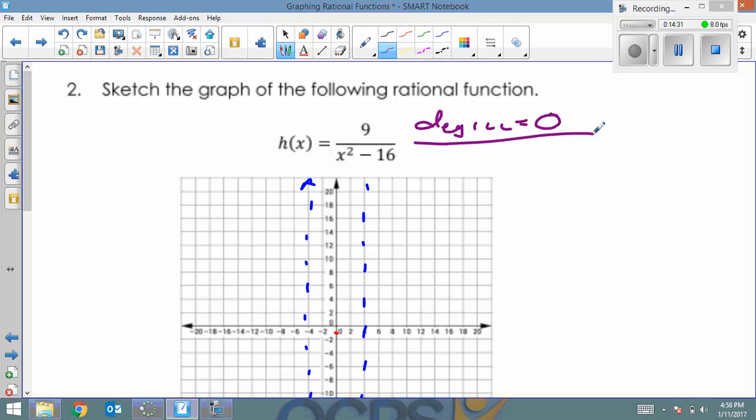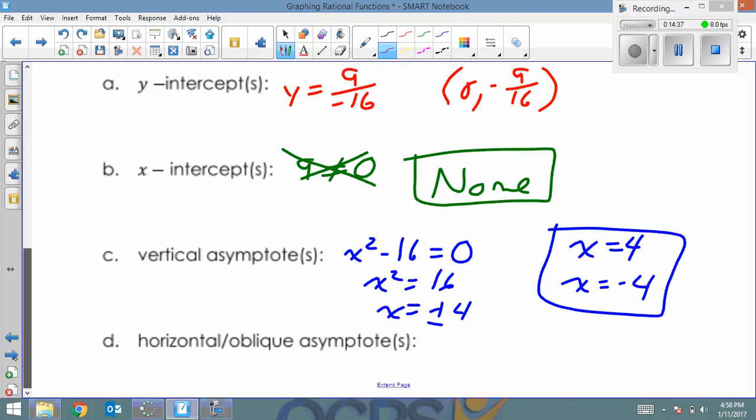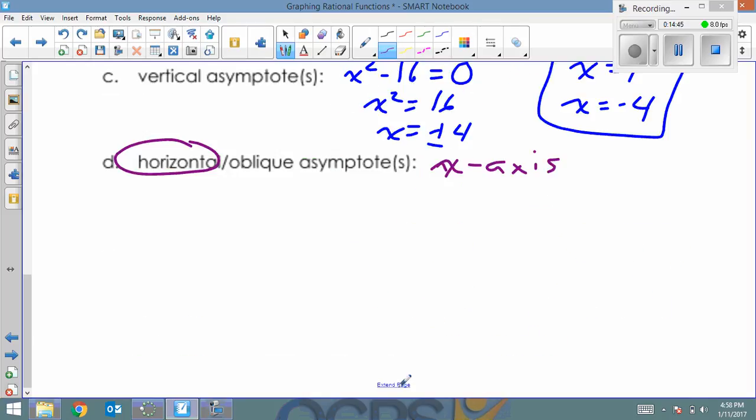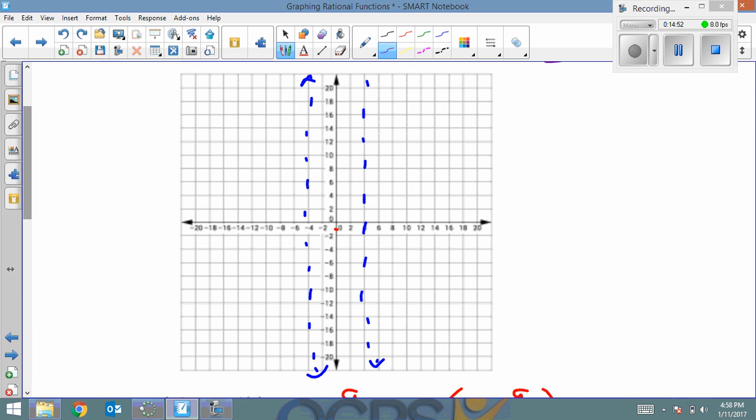The degree of the denominator is 2. So n is smaller. If we go back to our chart, when n is smaller, we have a horizontal asymptote on the x-axis, which means our equation would be y equals 0. So let's graph that, y equals 0, which is just a dotted line along the x-axis.